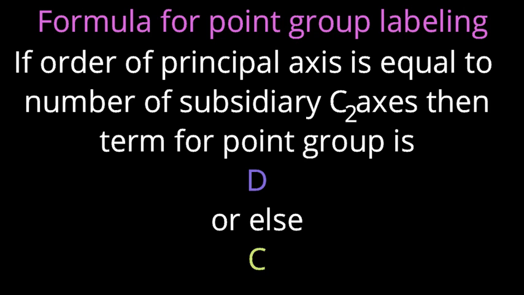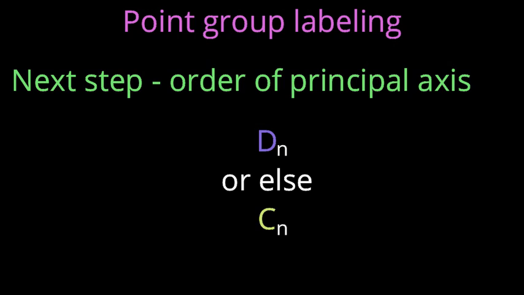I repeat the formula. If order of the principal axis n is equal to number of subsidiary C2 axes, then capital D or else capital C. This is the first point of distinguishing the point groups or labeling the point groups. After the C or D categorization, we need to represent order of the principal axis.